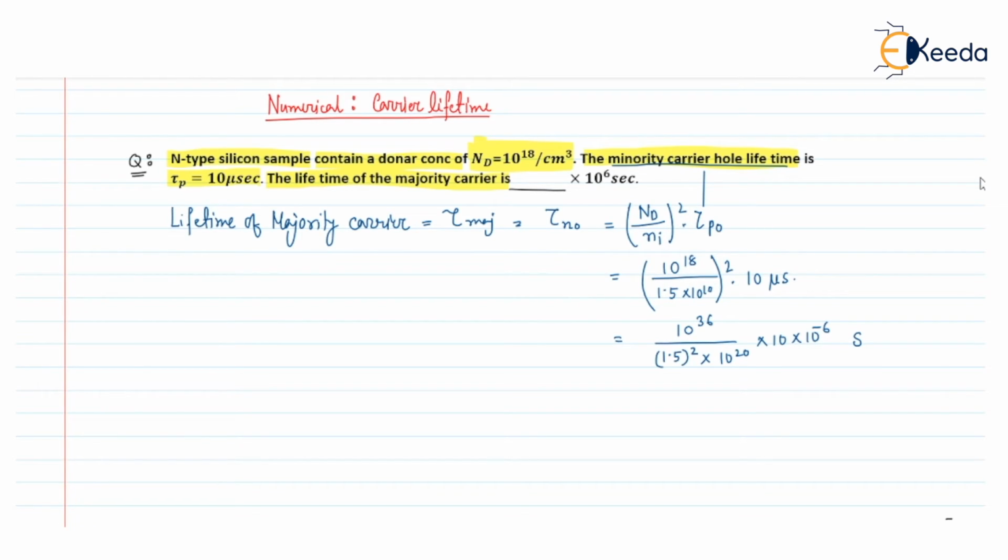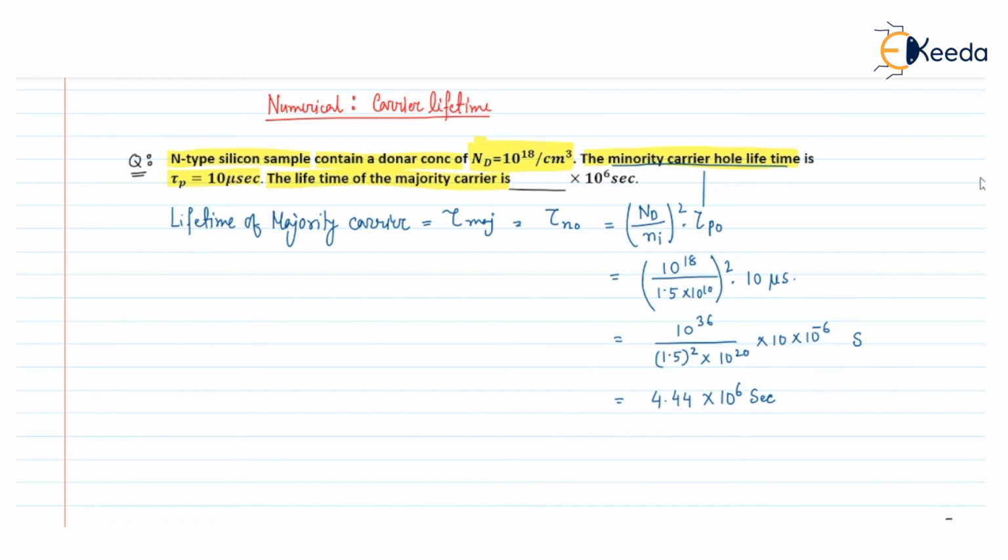So now it is in seconds. If we calculate this, then we'll find it as 4.44 into 10 to the power 6 second.